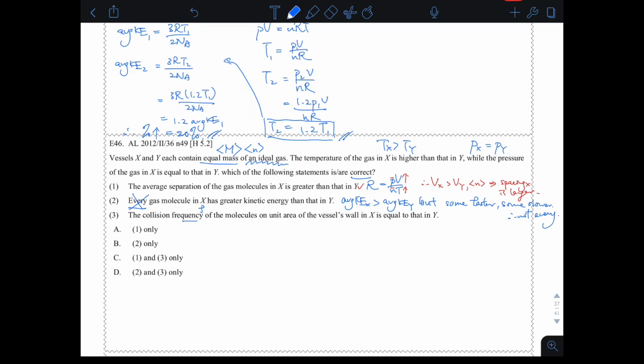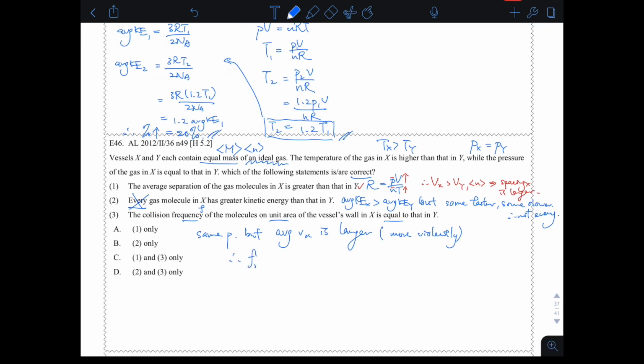Lastly, the collision frequency F on unit area of the vessel of X is equal, so the frequency of X is equal. Then when we talk about frequency, we must talk about the pressure. They got the same pressure here, but the average speed for X is larger because the temperature of X is larger. That means for X, the molecules are hitting more violently. But then they got the same pressure.